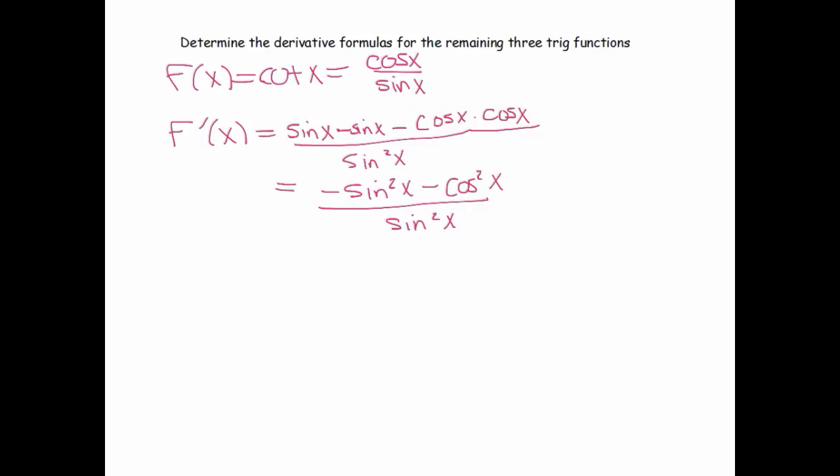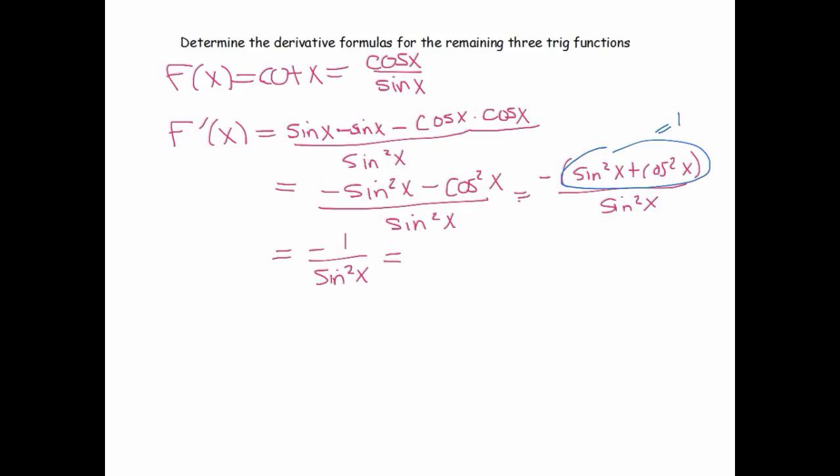And if you factor out the negative on the top, you got negative sine squared plus cosine squared. And there's that identity again. We know that this is just equal to 1. So we got negative 1 over sine squared. But 1 over sine is the same as cosecant.